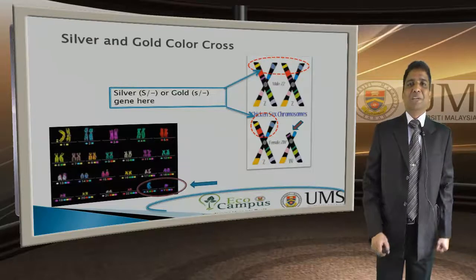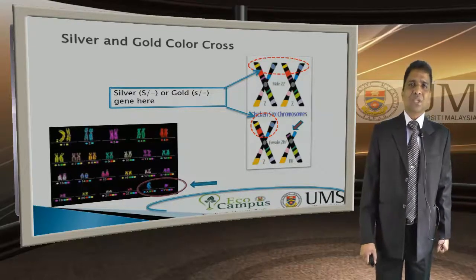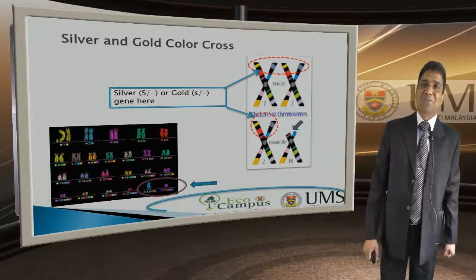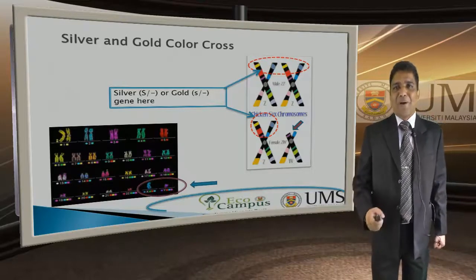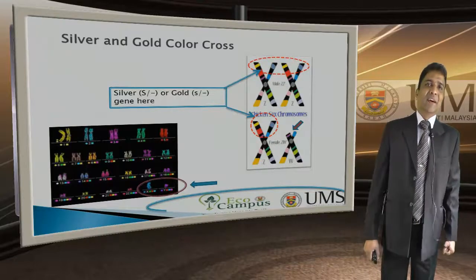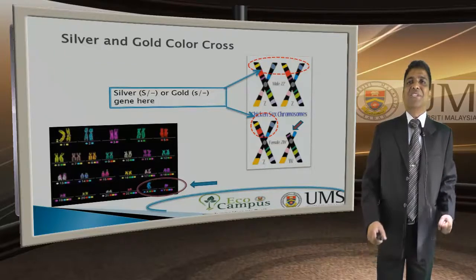The W chromosome is much shorter than the Z chromosome. So in the extra part of the Z chromosome, some genes might not be found on the W chromosome. Actually, the trick is here. The silver and gold color genes are present on this part.